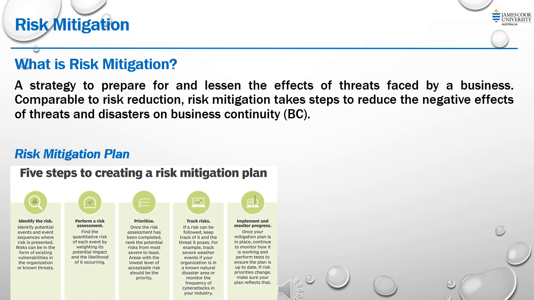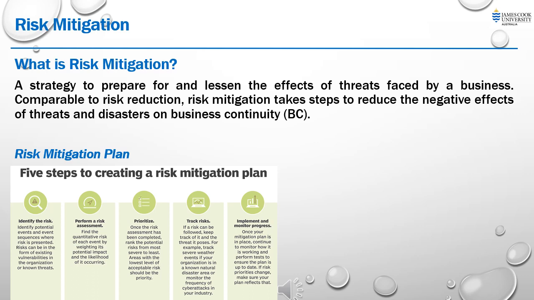Risk mitigation strategies can include implementing controls, developing contingency plans, and changing the process or procedures to avoid the risk altogether. The goal of risk mitigation is to minimize the impact of potential risk so they do not cause significant harm or disruption to an organization's operation or objective.